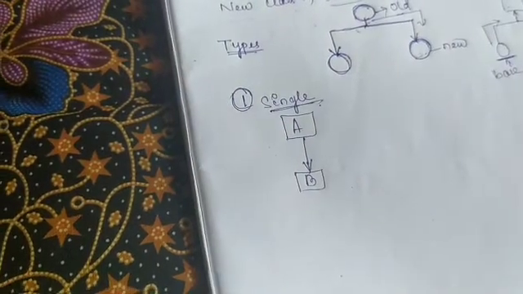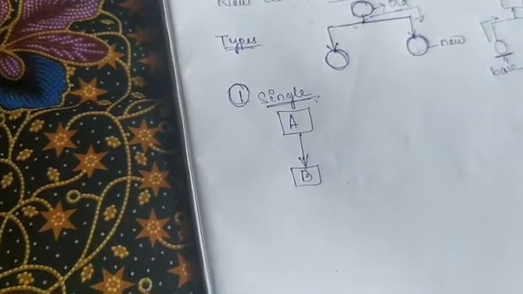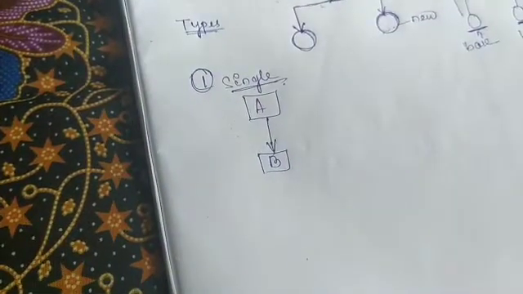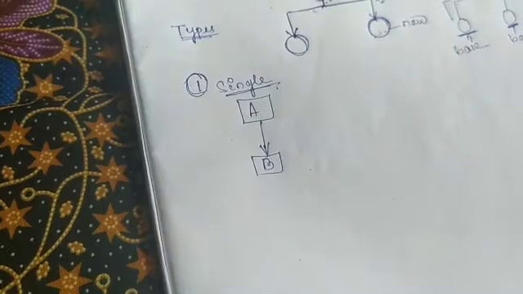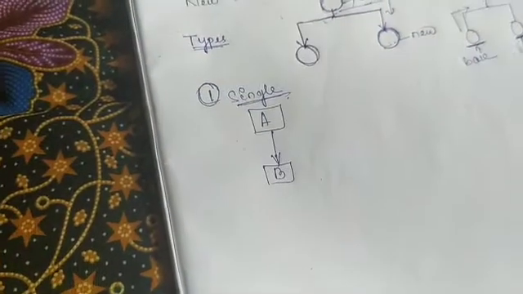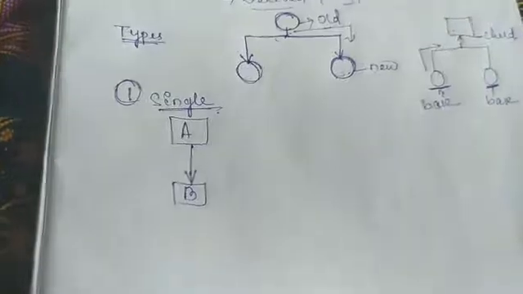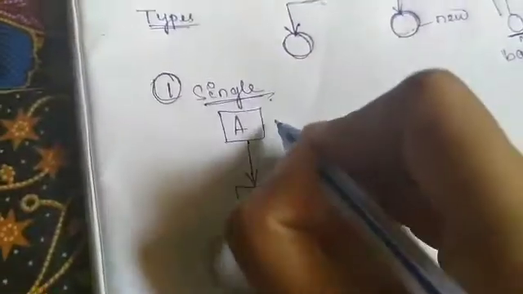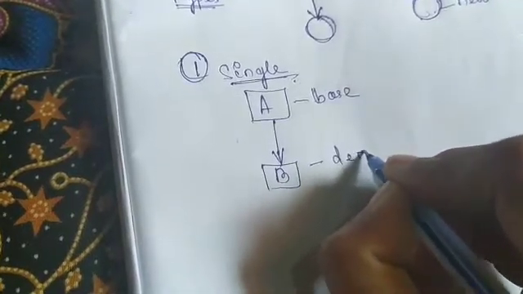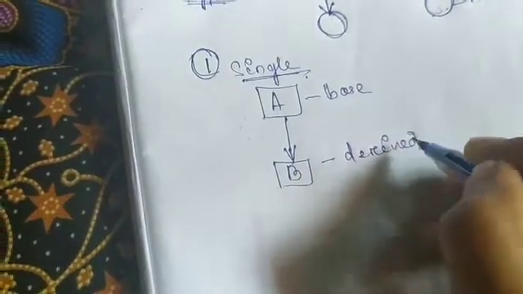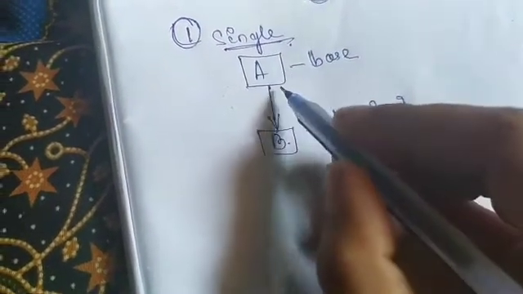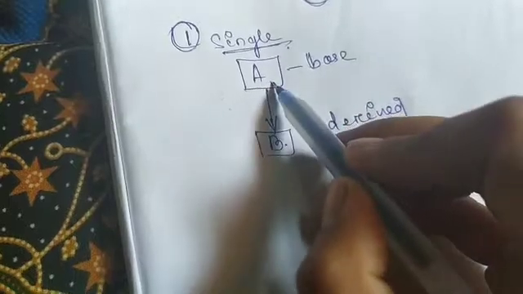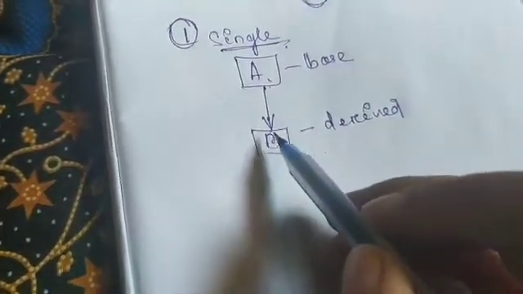That means a derived class can have only one base class. Like this, here is one base class and one derived class. The derived class must have only one base class, then it is called single inheritance.